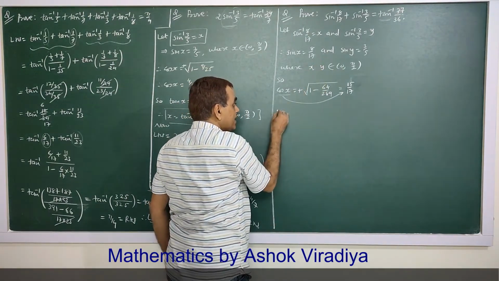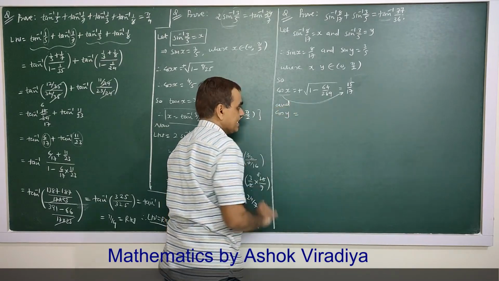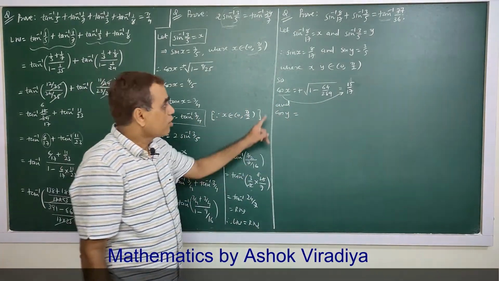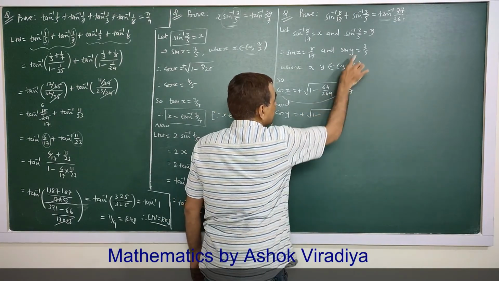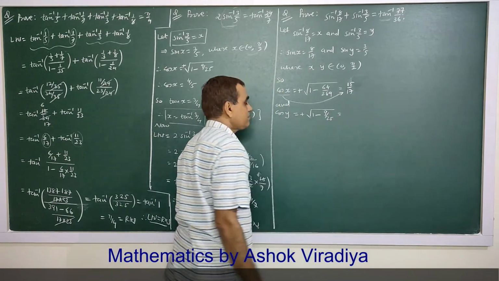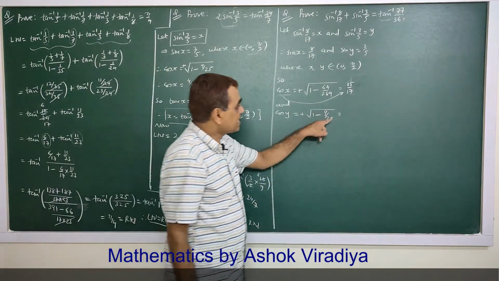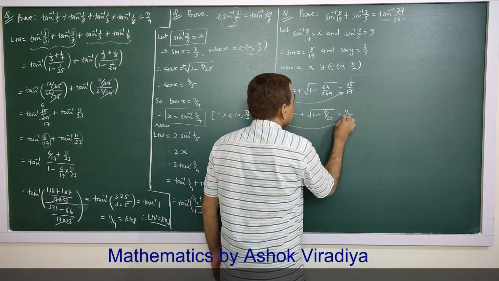From sin y we also find cos y. Cos y is positive square root of 1 minus sin square y, that is 9 by 25. So this is 16 by 25, so 4 by 5. So this is cos y.